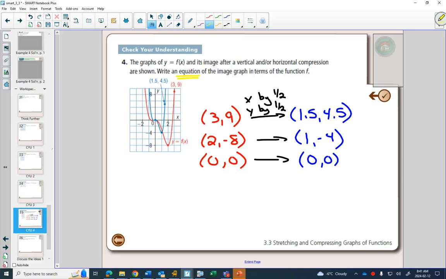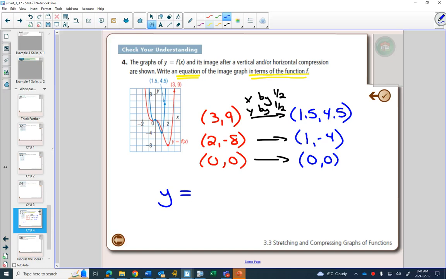We need to write an equation in terms of the function f. Now an equation means we need an equal sign, we need something on both sides. So I'm going to put y equals. For my blue graph, how do I show, in terms of the function f, multiplying x by half and multiplying y by half?